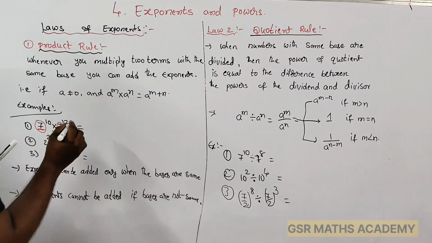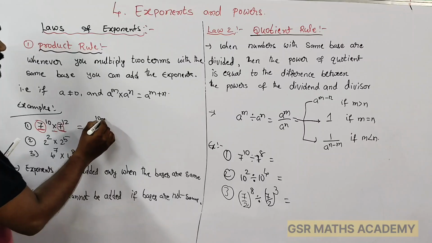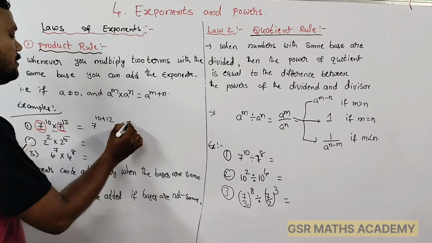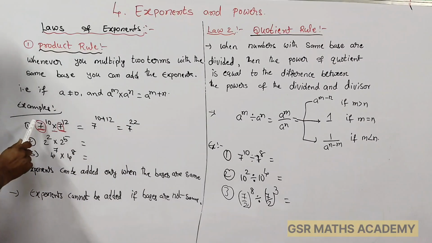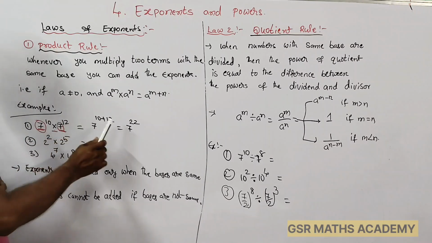In such cases we can write a common base and add the powers, that is 10 plus 12. From this we get 7 to the power of 22. Whenever you want to multiply two terms with the same base, we can add the powers.